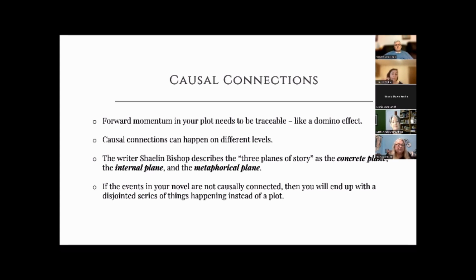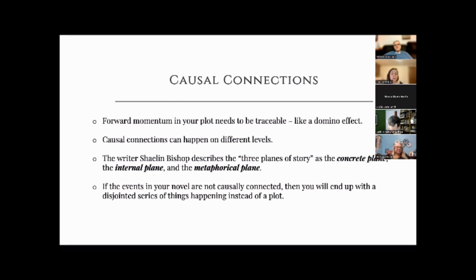They need to be in your story to create that domino effect. Otherwise, what you end up with is just a series of things happening to the same character, but that's not a plot. That's just a whole bunch of things happening. And it lands very differently than when you can trace this causal chain through your story.